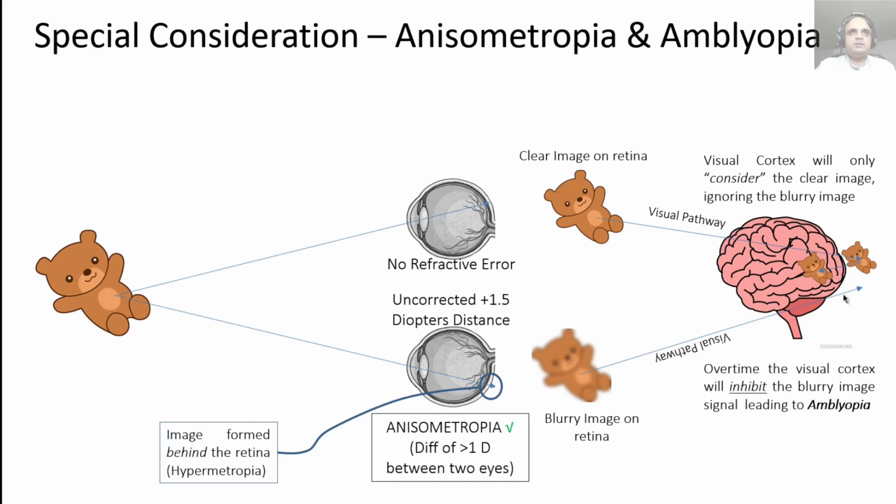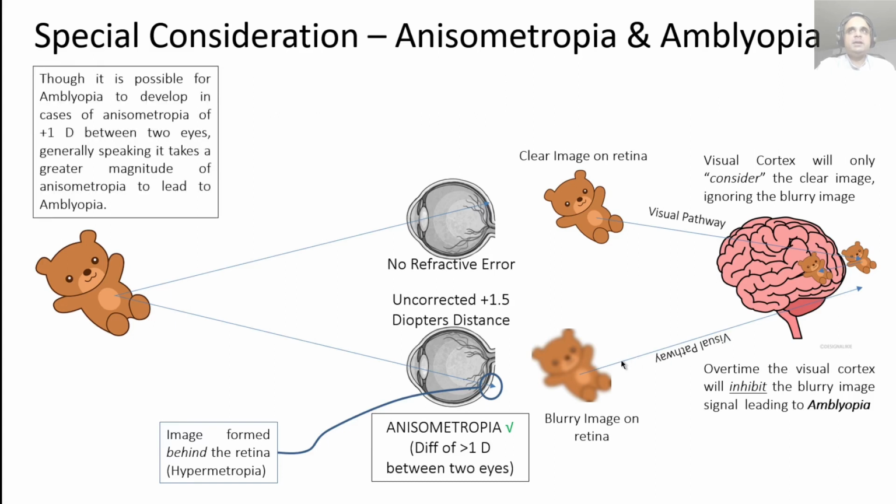This shutting down is through simply ignoring the input from this eye. It's not that the retina stops getting stimulated. The retina is stimulated. The visual cortex is simply shutting down the pathway that carries the signal from the eye to the visual cortex. And this is what amblyopia is.